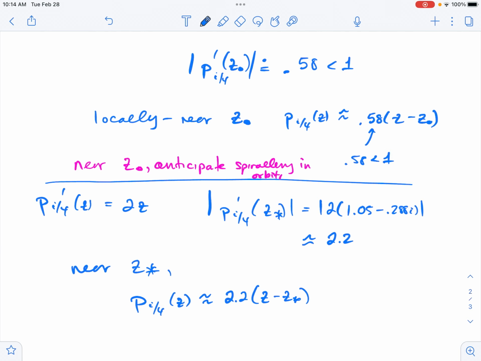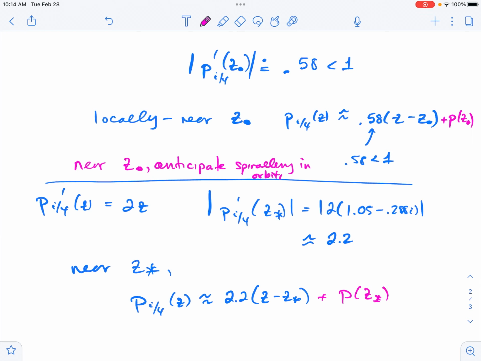There are adjustments that need to be made for the actual value of the function at those points. So to fully complete the point slope form here, I actually have to put in the value of p at z dot, and the value of p at z star.